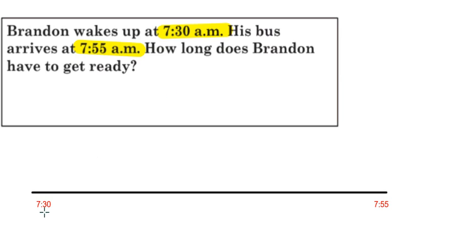Because 30 is a multiple of 10, I'm going to be hopping by tens. Good job, tens. 7:30 plus 10 will be what? 7:40. Good job. 7:40 plus 10 more will be 7:50. Good job. So we're going to go ahead and get to 7:50.